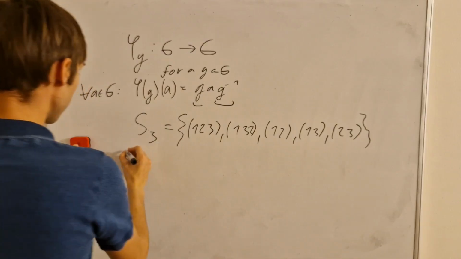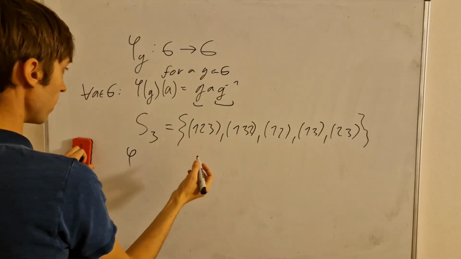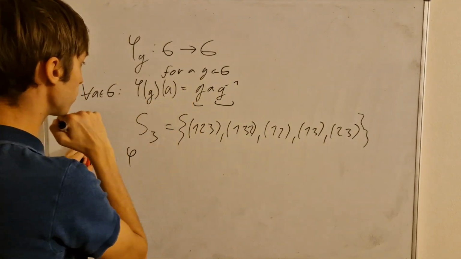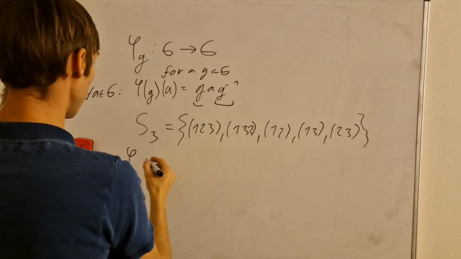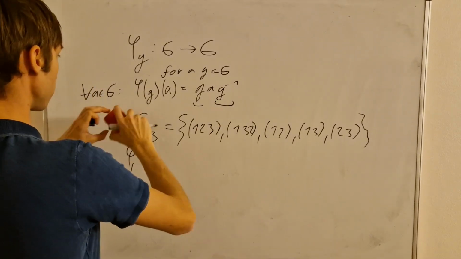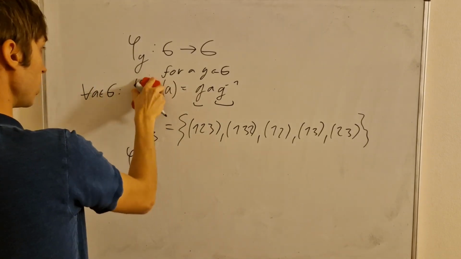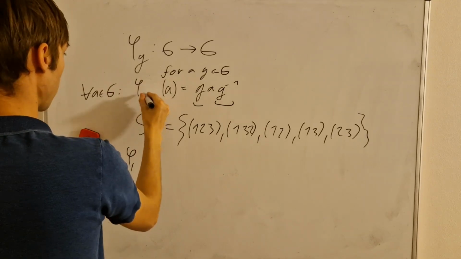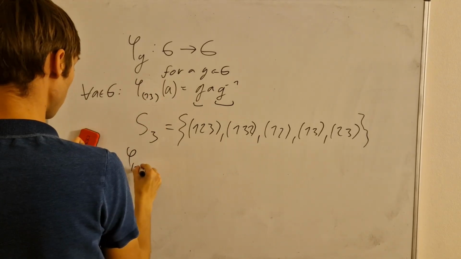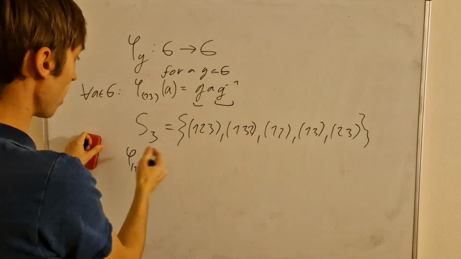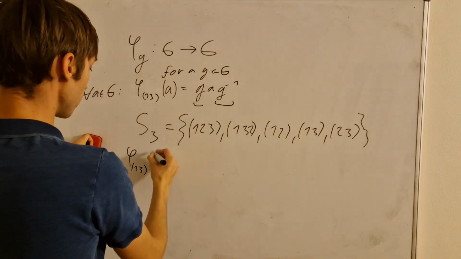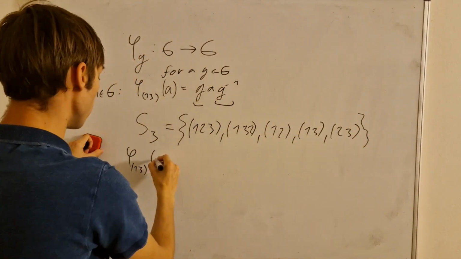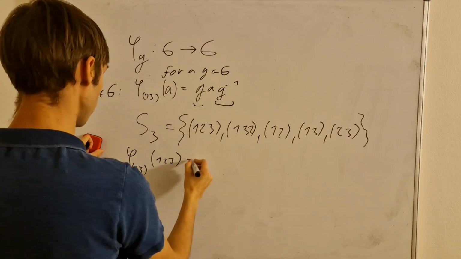So let's see, for example, in the case of S3, what will happen? If we choose, for example, G to be (1 3), all right, so actually it's denoted more like this. So this is conjugation by (1 3), and we will do it for every element. So on (1 2 3), what will it produce?